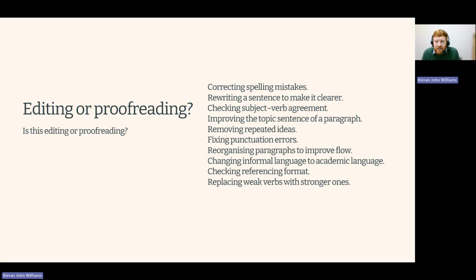And that sometimes means that you are forgetting about the bigger errors of the organization, idea progression, etc. Okay? Editing also has a much bigger impact on your grade than purely proofreading. Okay? So take a couple of minutes, maybe pause the video here, think about whether these are editing or proofreading factors. And then we're going to check your answers and find out why.